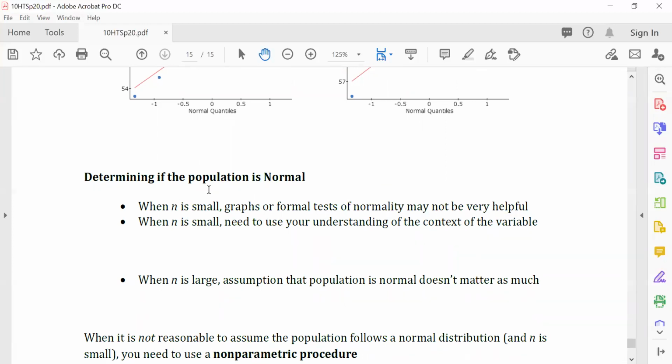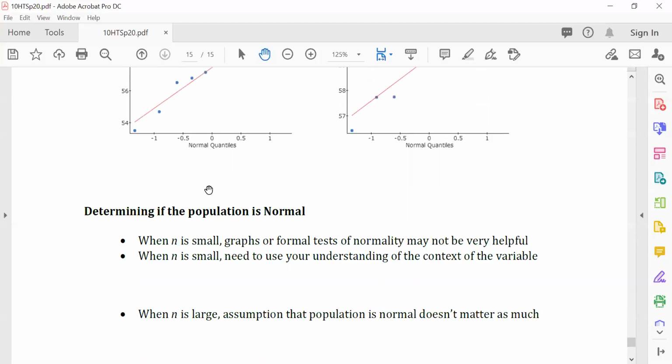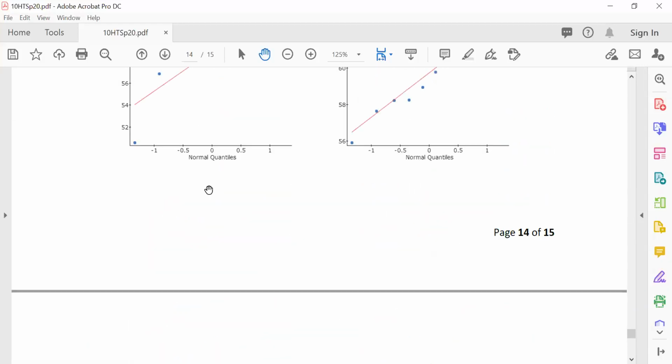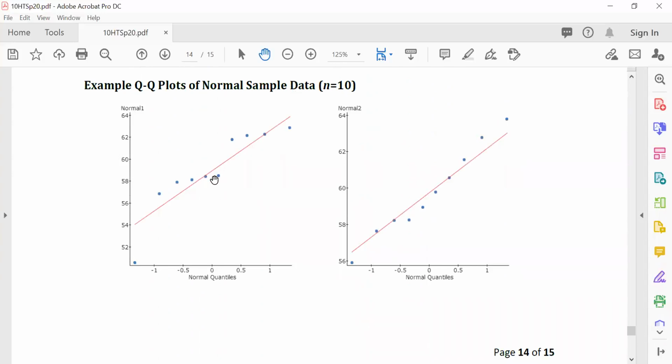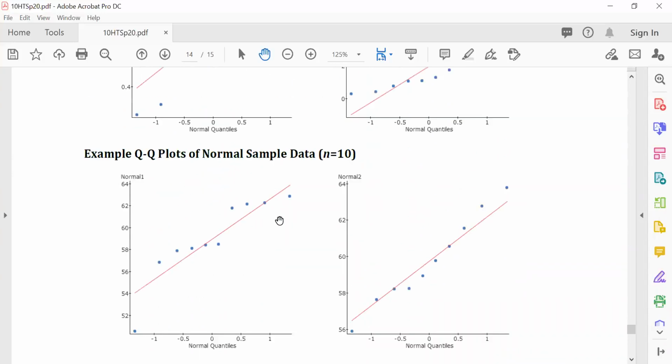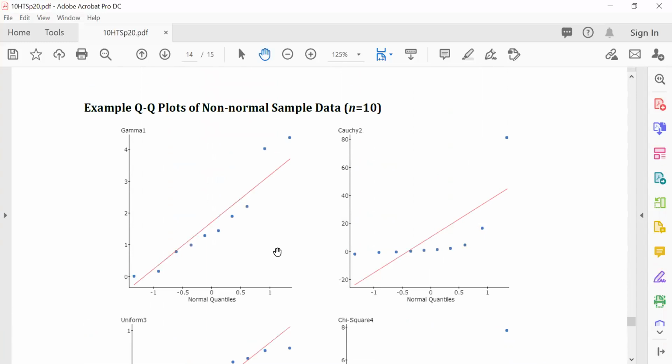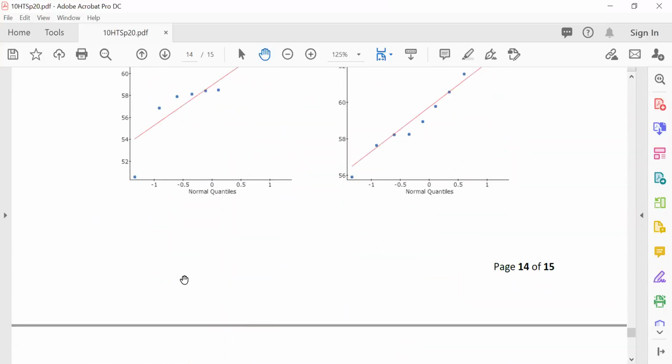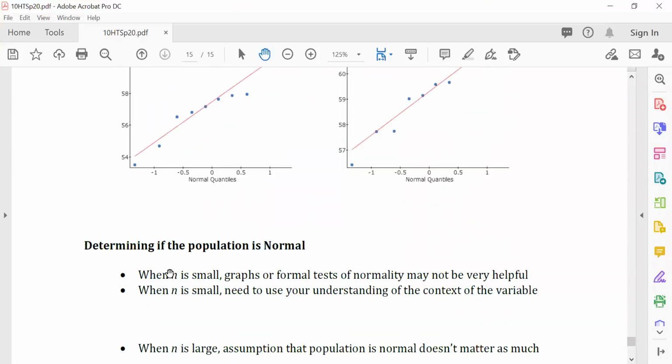You don't have enough sample size to establish a pattern yet. So some data from the normal distribution doesn't look like normal. Some data from a non-normal distribution looks like normal. So when your sample size n is small, either the graph or the normal test may not be very helpful.